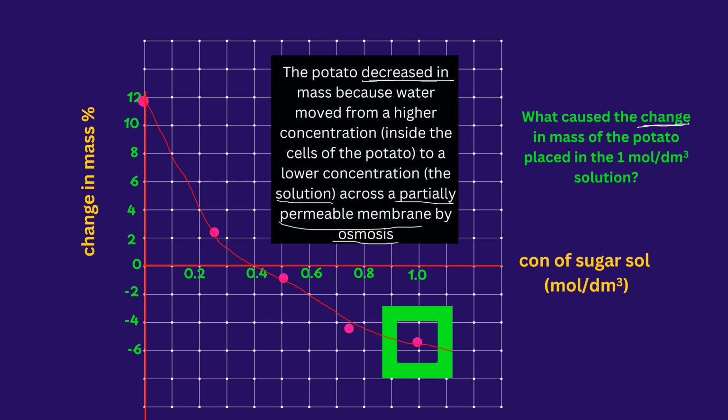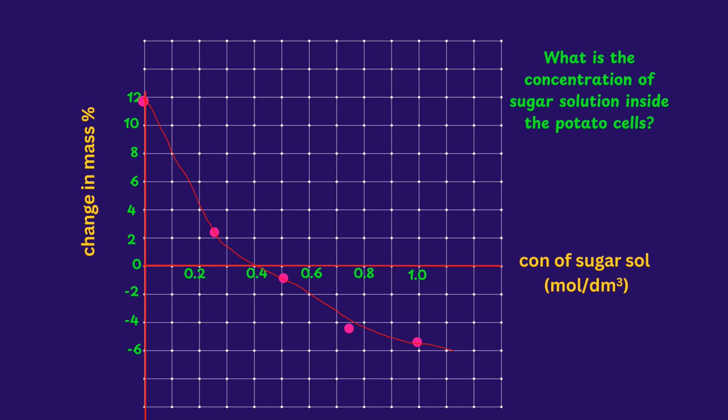Last question. What is the concentration of the sugar solution inside the potato cell? Students, the answer is always the same. Wherever this graph line cuts the x-axis, that is where you need to read off to get your answer. So in this case, it is about 0.4.